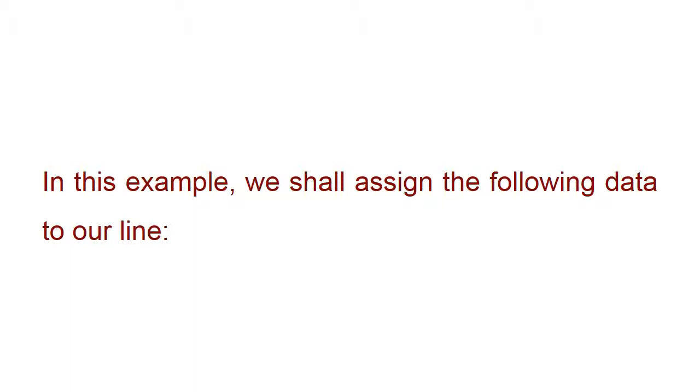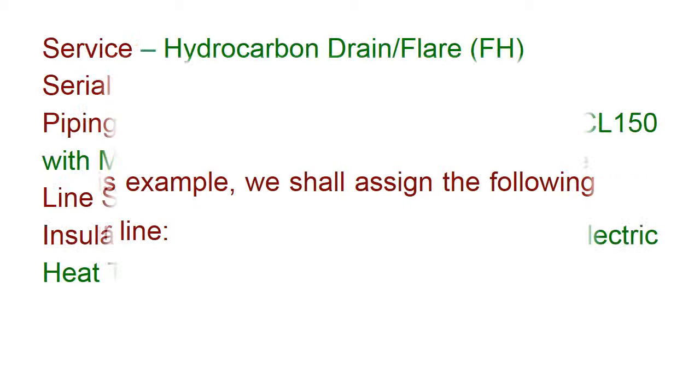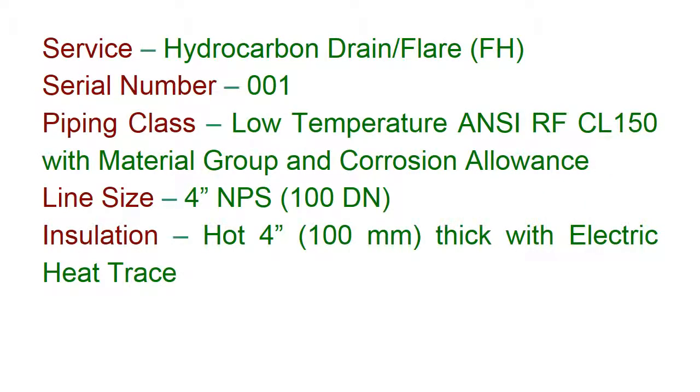In this example, we shall assign the following data to our line. Service: hydrocarbon drain flare, FH. Serial number 001. Piping class: low temperature carbon steel, class 150 and RF, with material group and corrosion allowance.